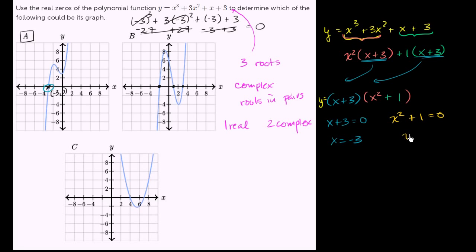Well, when x squared is equal to -1. There's no real number x's such that x squared is equal to negative 1. x is going to be imaginary, or in more general terms, it's going to be complex valued. So once again, you see you're going to have a pair of complex roots, and you have one real root at x is equal to negative 3.